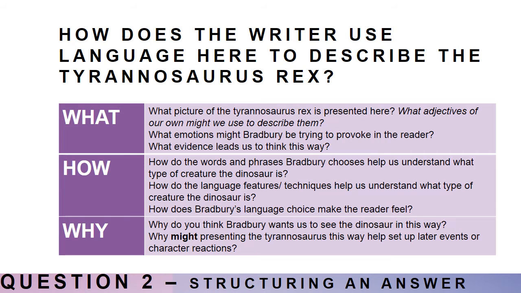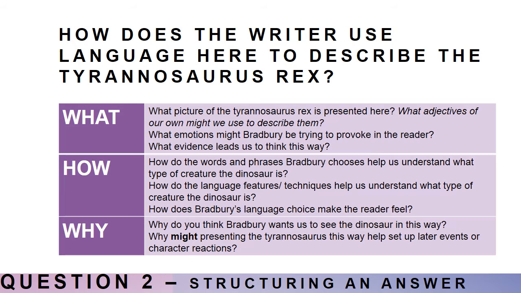So the first thing that we want to consider is, what is the writer doing here? So questions that we might ask ourselves here: we might be thinking what picture of the Tyrannosaurus Rex is presented here, and we might be thinking about what adjectives of our own we could use to describe it. We might think about what emotions Bradbury, the writer, might be trying to provoke in the reader.